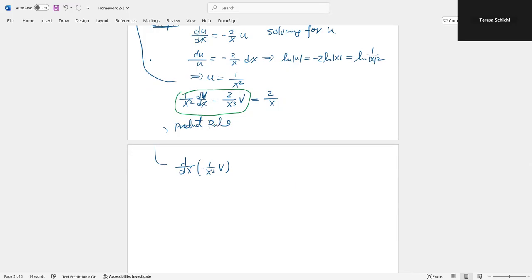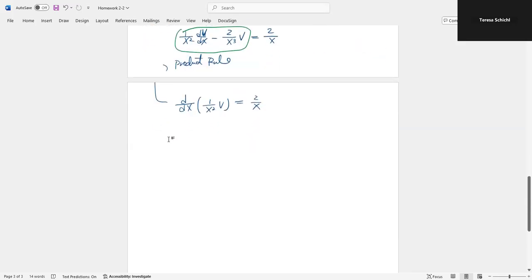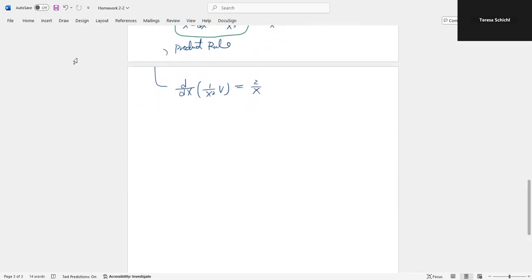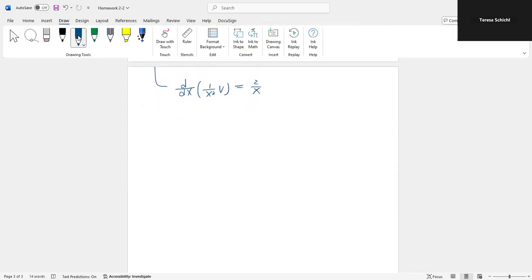So it's 1 over x squared times dv/dx, then plus the derivative of 1 over x squared, which is negative 2 over x cubed, right? So that's why it's here. So it's equal to 2x. All right, then the next is here. What is the step here? Step 4. Okay, so the next step here was step 5.